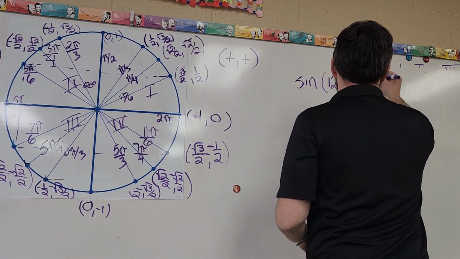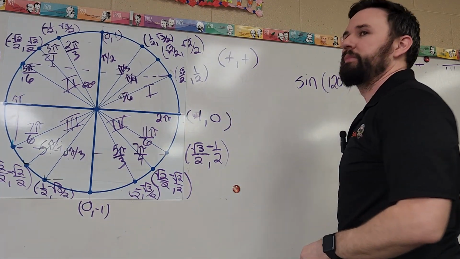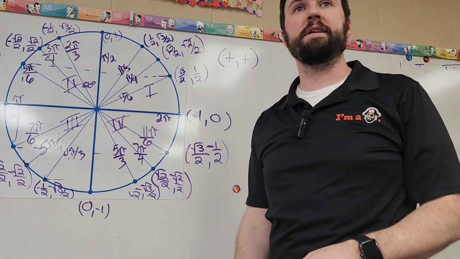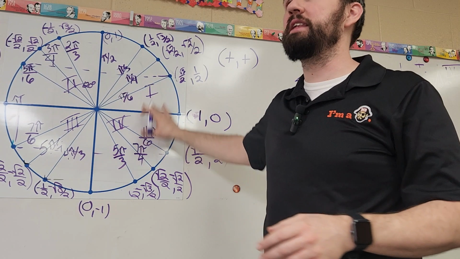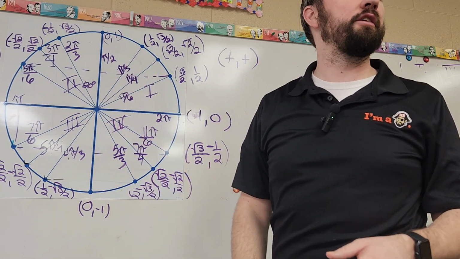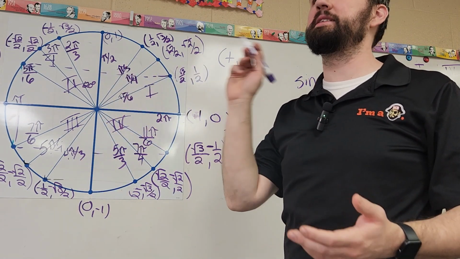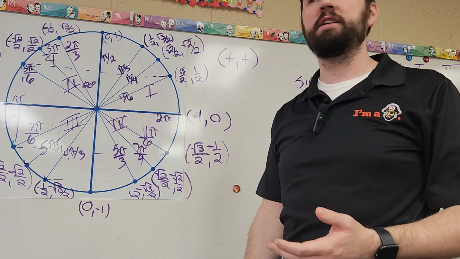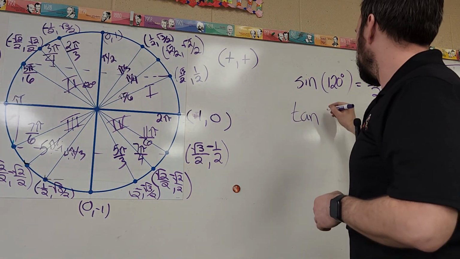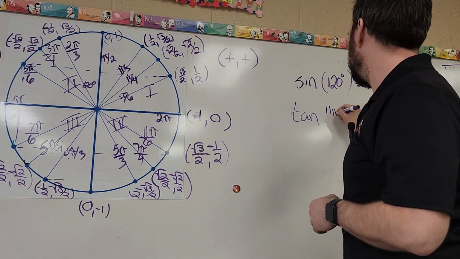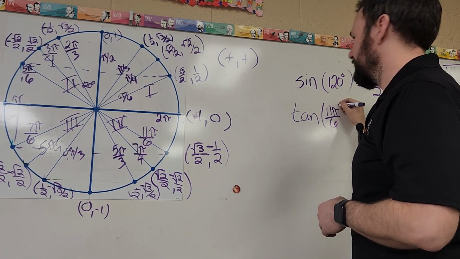Root 3 over 2, right? See how quick that was? Now, it may seem goofy to have to do that, but when we do problems where you have to do like 8 of these in one problem, it's a lot quicker just to look at a unit circle and be like, that's that, that's that, that's that. Does that make sense?